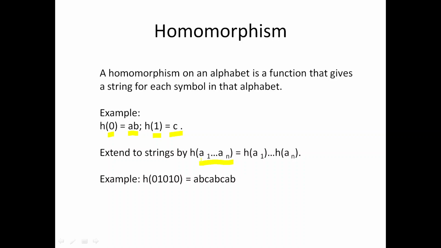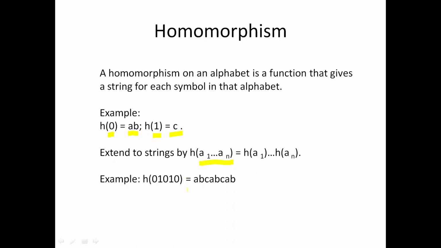Now when you apply the homomorphism on this string, it is the same as performing homomorphism on A1, concatenated with homomorphism on A2, concatenated with homomorphism on A3, and so on, up to homomorphism on the symbol An.